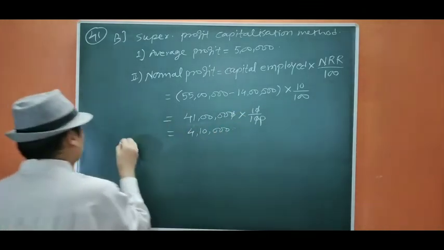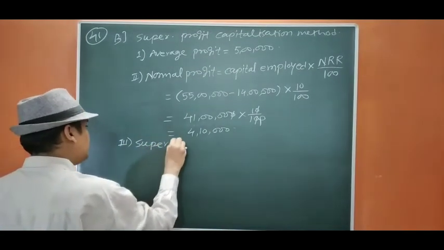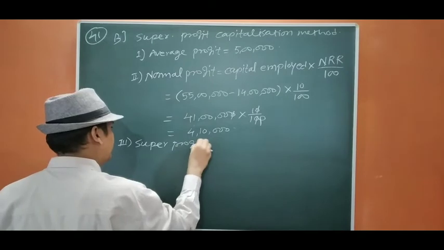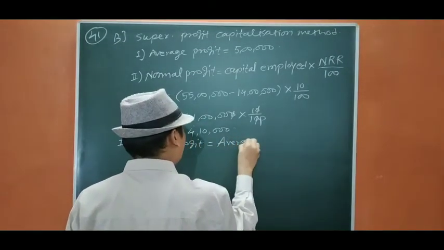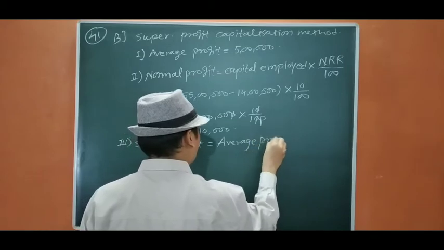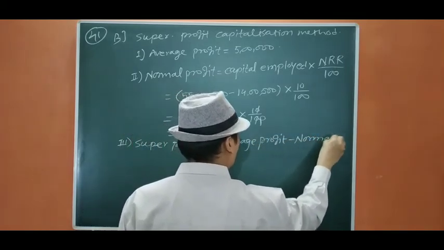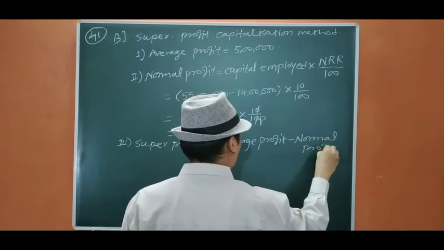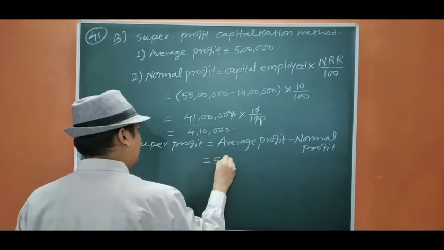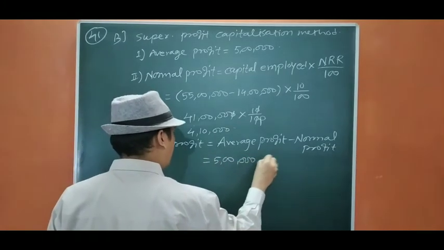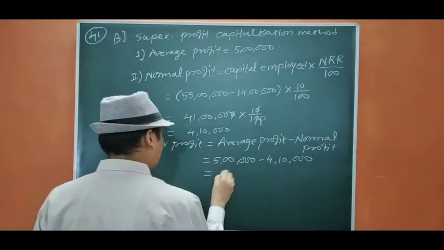Now we are going to find out the third, super profit. So super profit equals to average profit minus normal profit. Okay, that is 5 lakh minus 4 lakh 10,000 equals to 90,000.